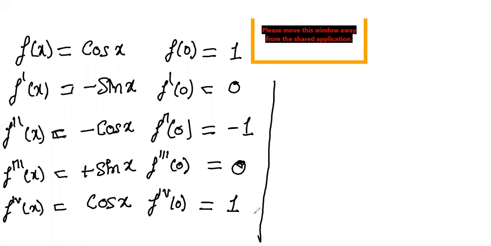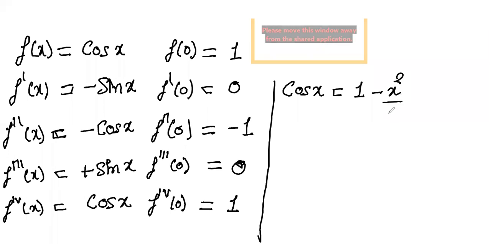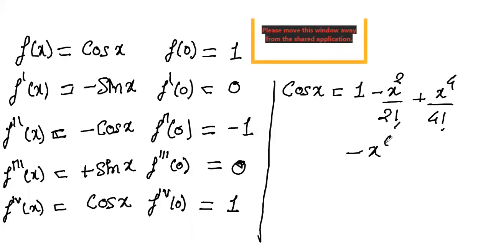So cos x is equal to 1 minus x square upon 2 factorial plus x to the power 4 upon 4 factorial minus x to the power 6 upon 6 factorial plus x to the power 8 upon 8 factorial and so on.